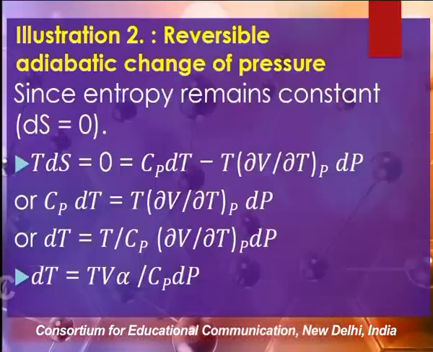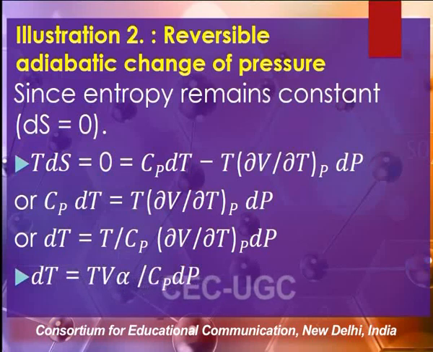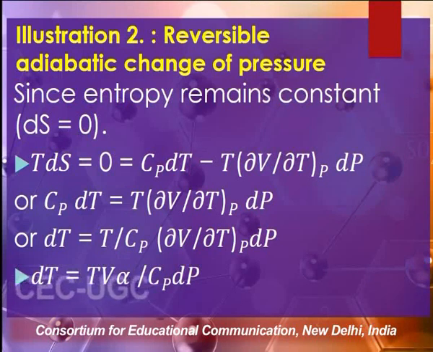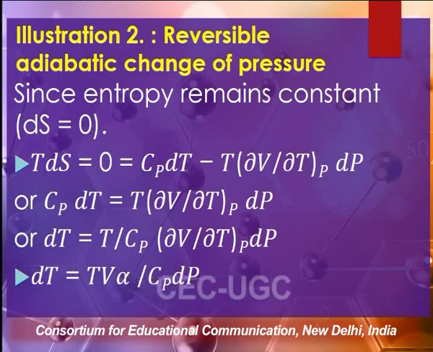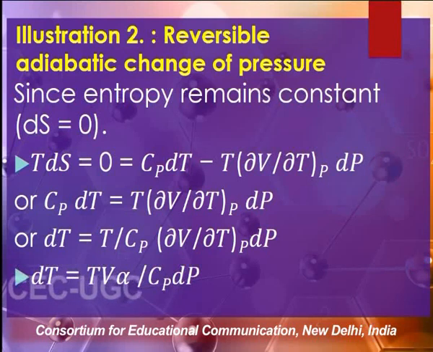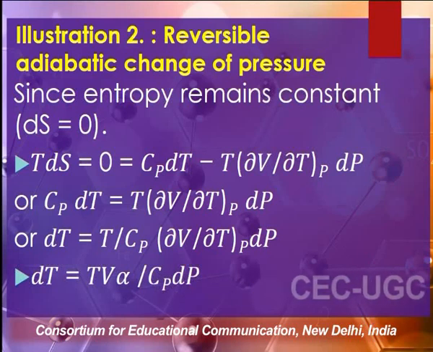Now let me illustrate the importance of the TdS equation by considering one more example. Consider the reversible adiabatic change of pressure. Adiabatic means entropy is a constant. So we have dS is equal to 0. The TdS equation will then become 0 is equal to Cp dT minus T (∂V/∂T) at constant P into dP.